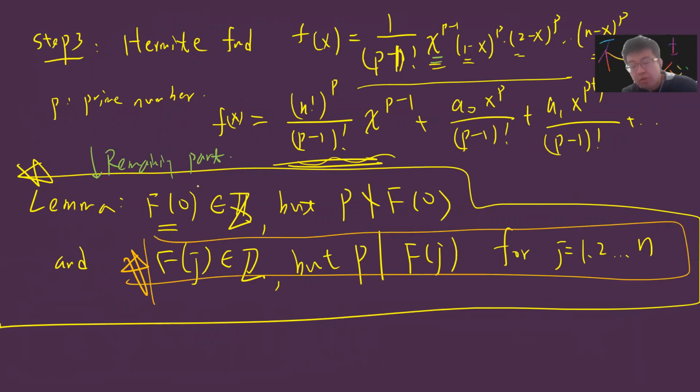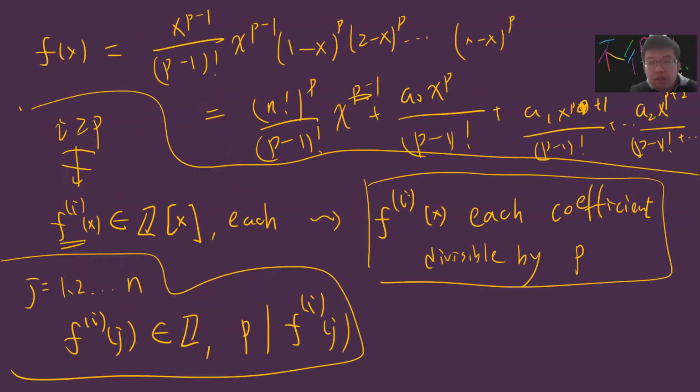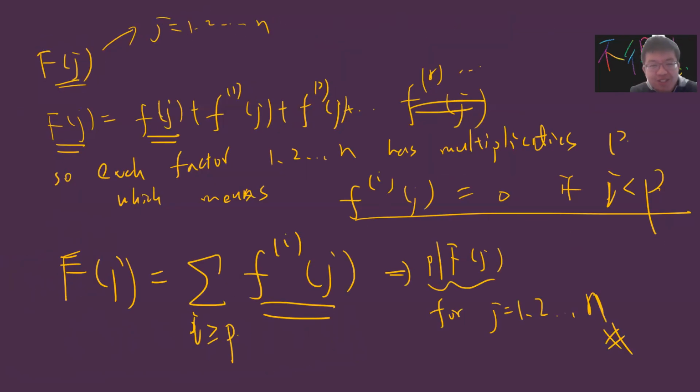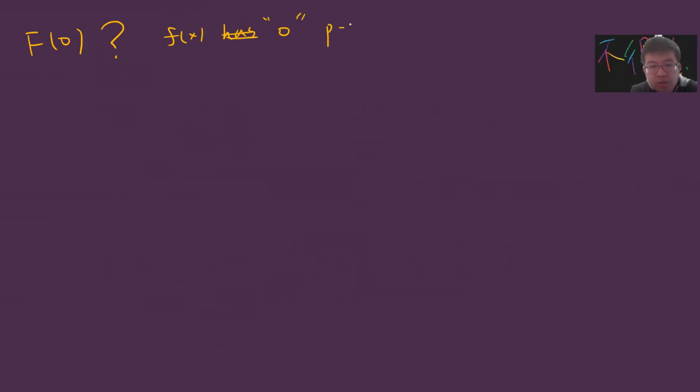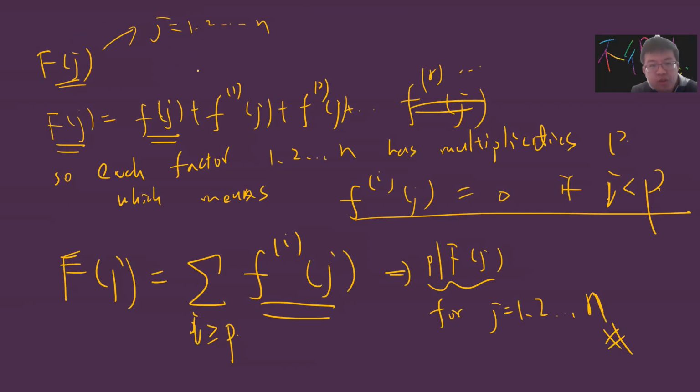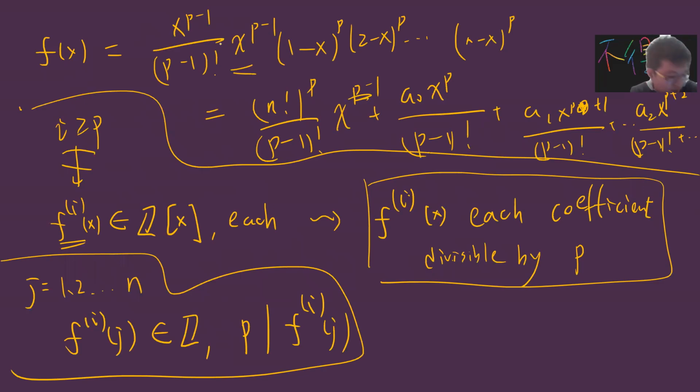Okay, so let's prove f tilde of 0 is an integer, but p does not divide f tilde of 0. Hopefully this is easy to see. Remember, f of x has 0 as a root of multiplicity p minus 1, because the previous f of x looks like x to the p minus 1.